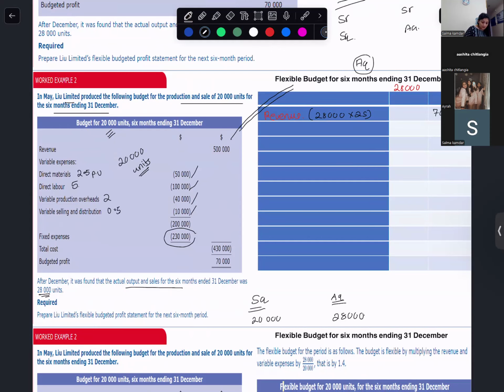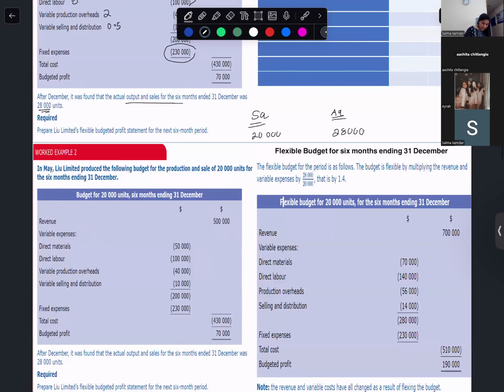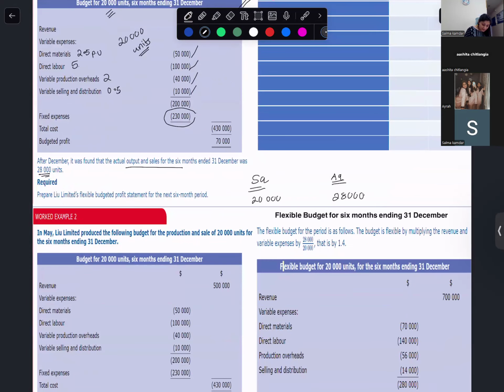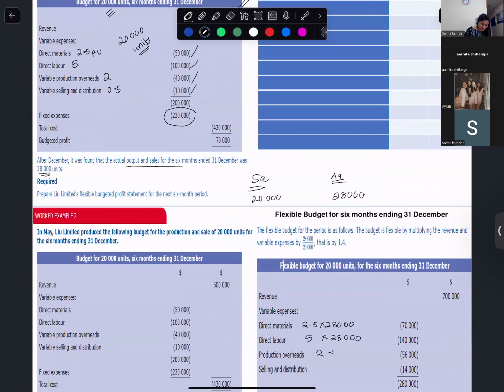So what you are going to do is use your direct material 2.5 into 28,000. Direct labor would be 5 into 28,000. Variable production overheads would be 2 into 28,000. Variable selling and distribution overheads would be 0.5 into 28,000.